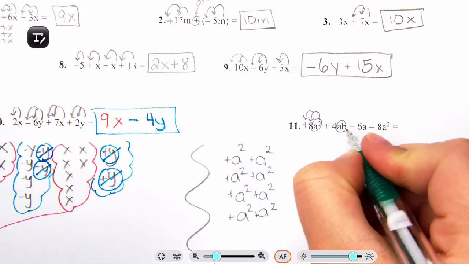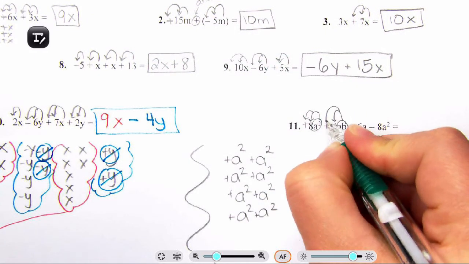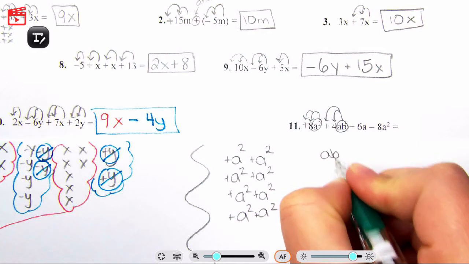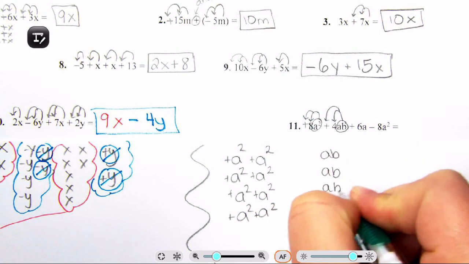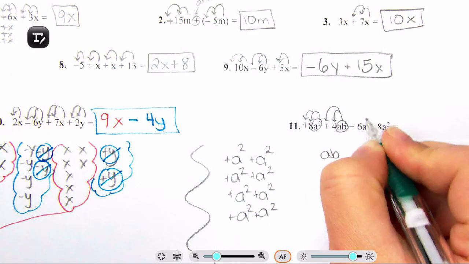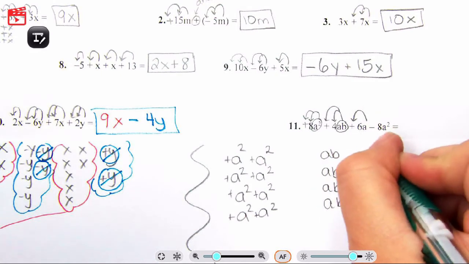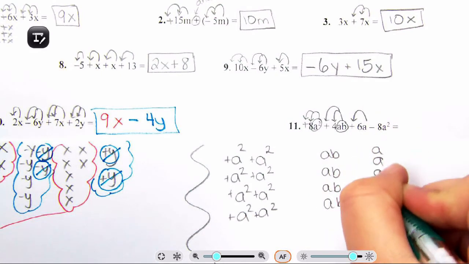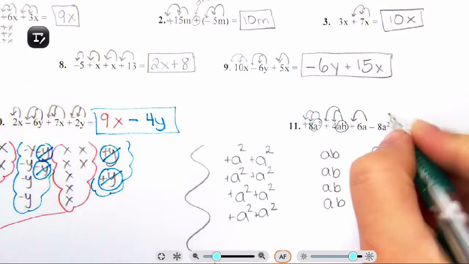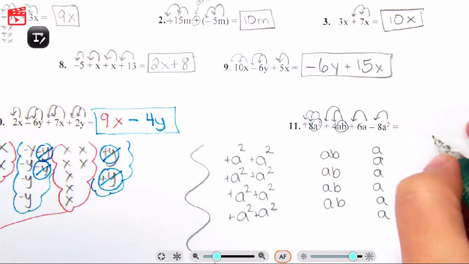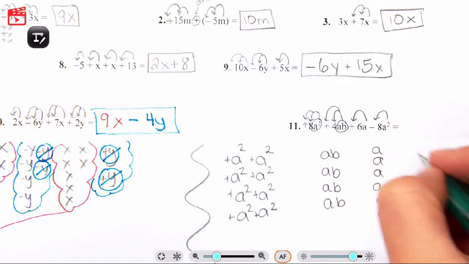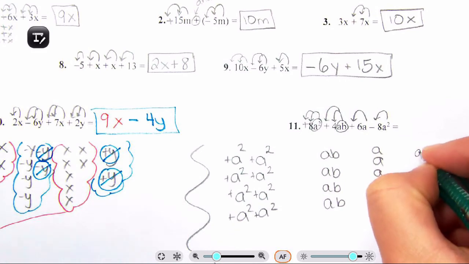I have 4 ABs that are positive. I have 6 A's that are positive. And I have minus 8 A squares that are negative.